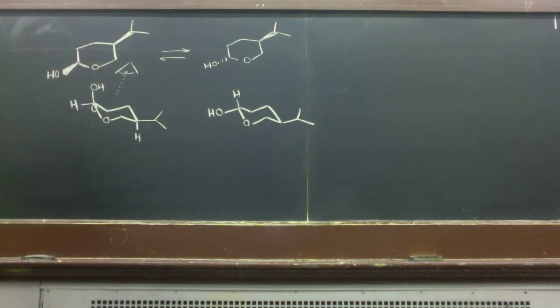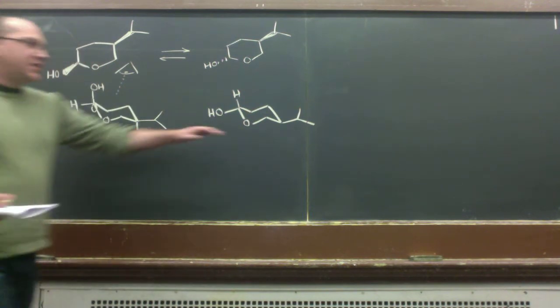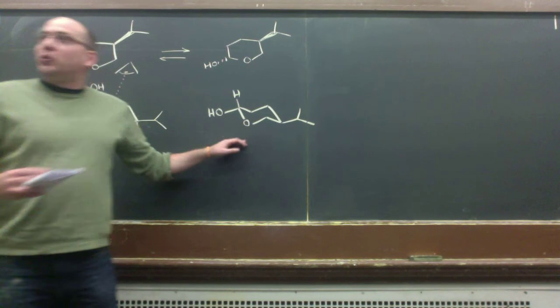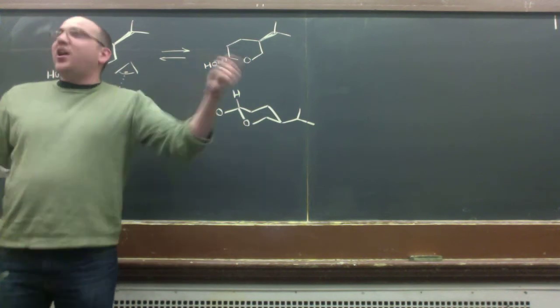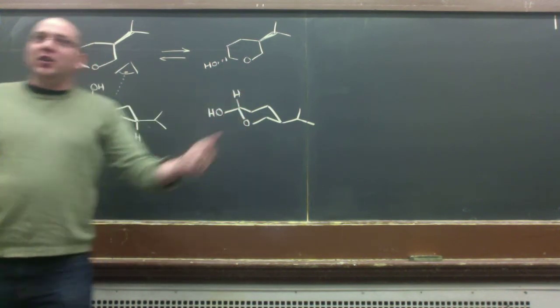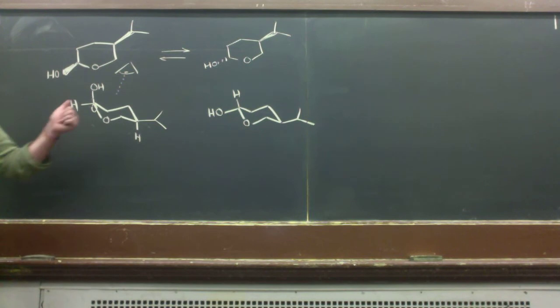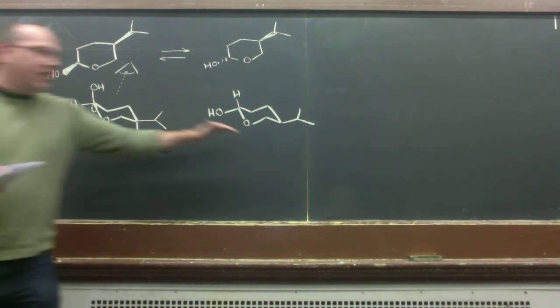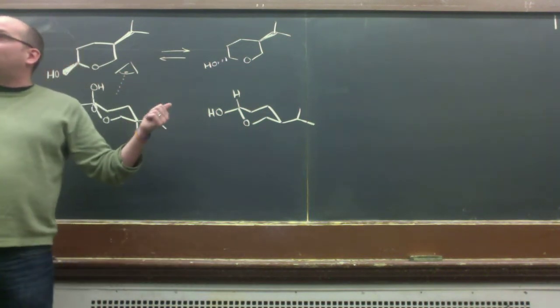And so if you instead said it's this molecule, because both these groups are equatorial, then great, and I gave you full credit. So if you said this and you said anomeric effect, great. If you said this and you said both are equatorial, great.